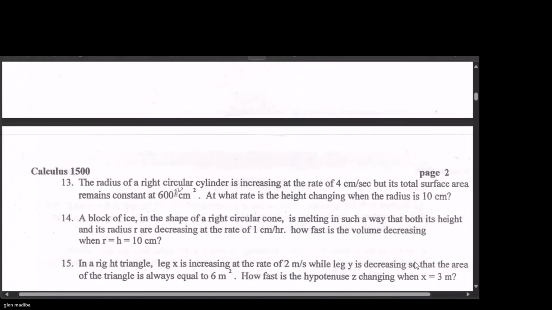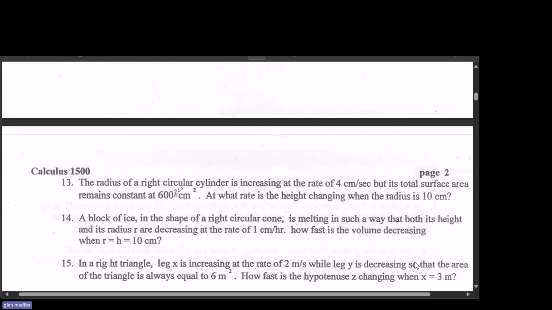I wanted to say, is it not equal to 0? But I don't think that's right, because they're telling us it's decreasing at a rate, so it can't be 0. There has to be a value for it. I am assuming we get that value by linking the area formula to dy over dt.